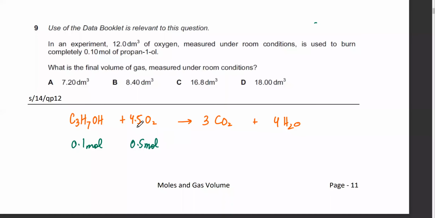As I told you, a simple trick is finding which one is in excess. Over here it's kind of obvious as well. It's 1:4.5, right? So what would 0.1 react with? How much oxygen would be needed?